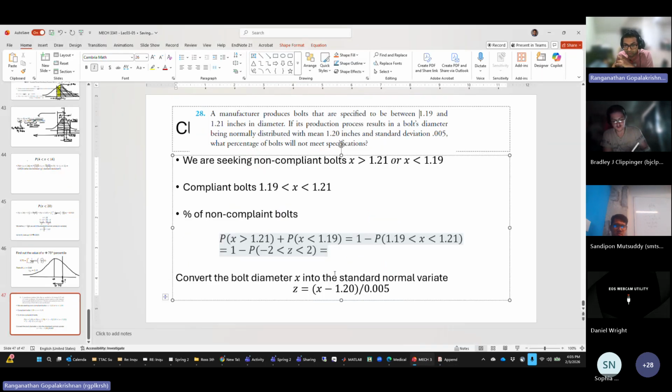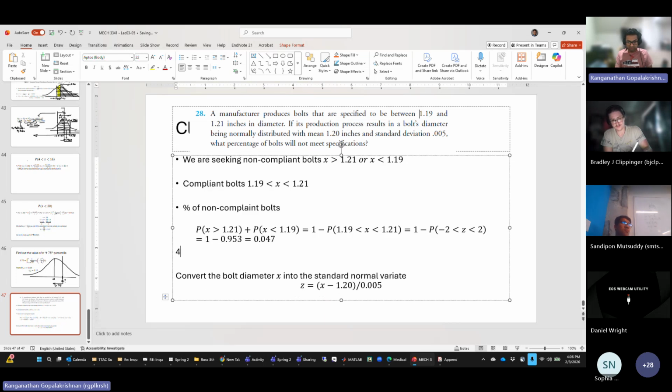I'll suggest you do it yourself, but knowing what I know about normal distribution and the fact that two standard deviations contain about 95% of the data, I'm going to write this as 1 minus 0.953, which is approximately 0.047, or about 4.7% of the bolts will be non-compliant. You can check this later.